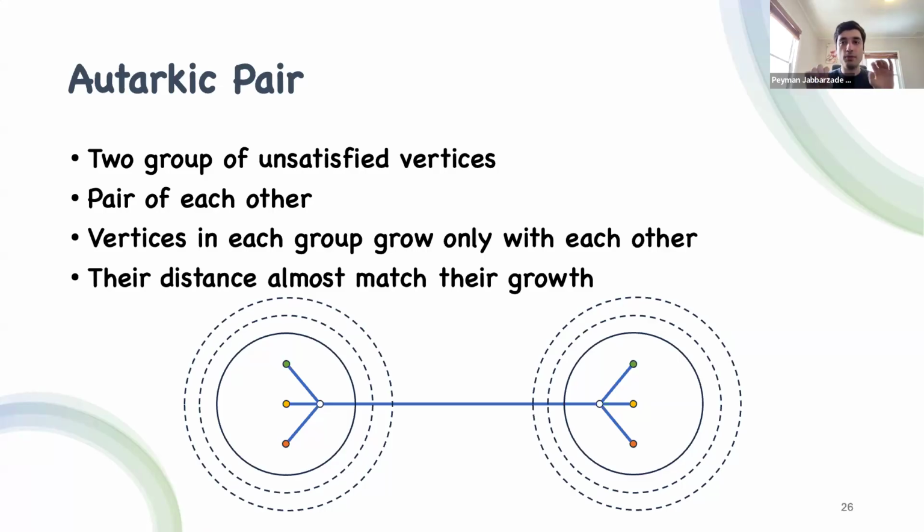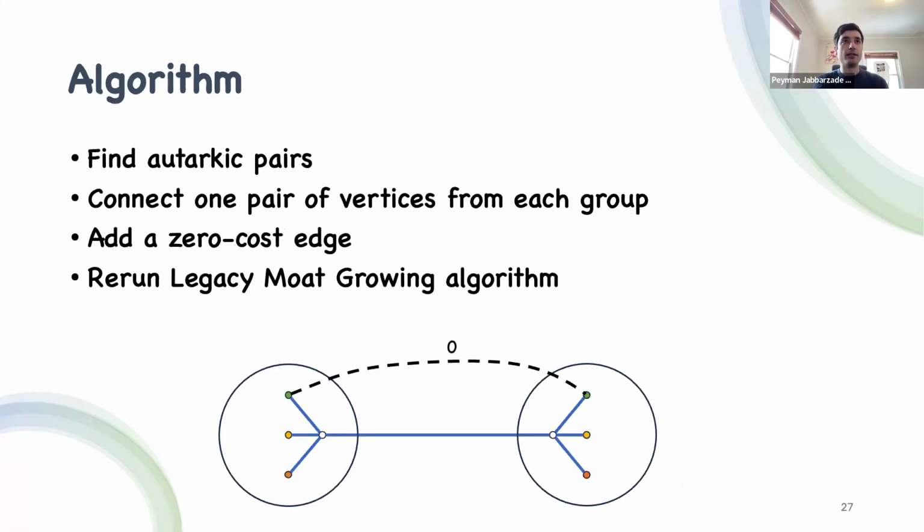So their moats grow and color all the paths between them, connect them, and then other components after that may use the color that the moat has. So this is the autarkic pair. We try to detect autarkic pairs, and then the algorithm works like this. We detect autarkic pairs, and we basically buy a path between one vertex from this group and a vertex from the other group.